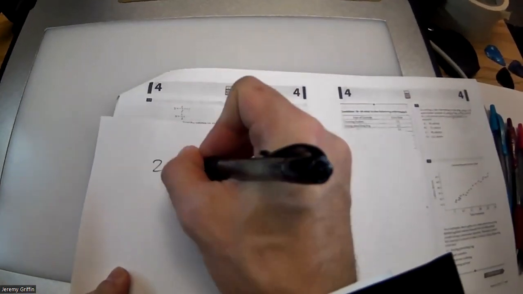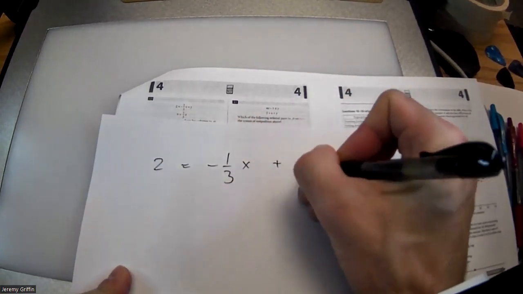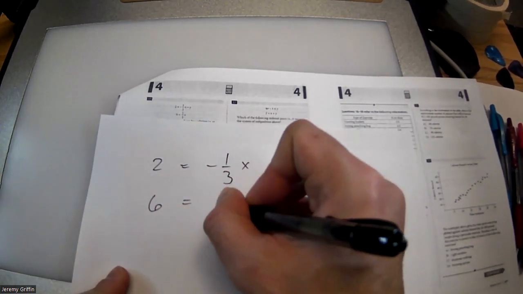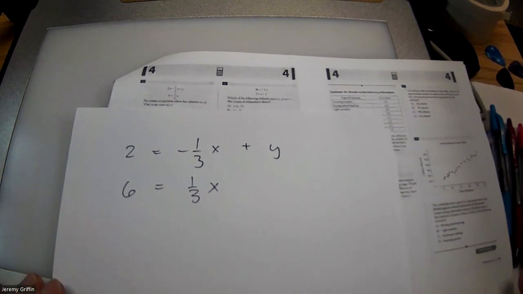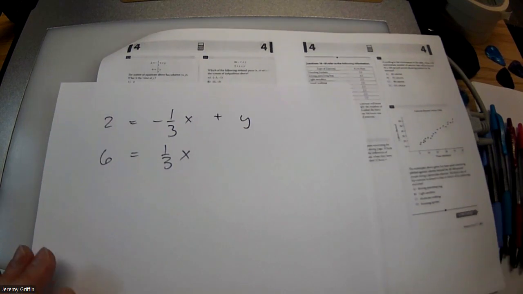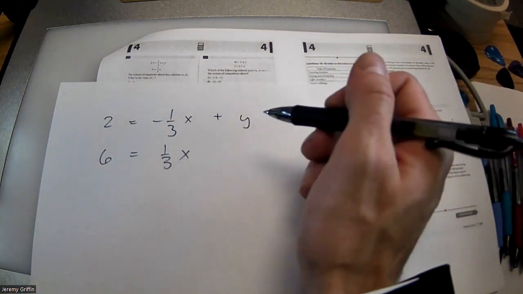So 2 is equal to negative 1/3 x plus y, and 6 is equal to 1/3 x. As a graph, there'd be some coordinate where they cross, and the question is, what is the y coordinate? Or you don't even have to graph these. We're just trying to solve for y, right?